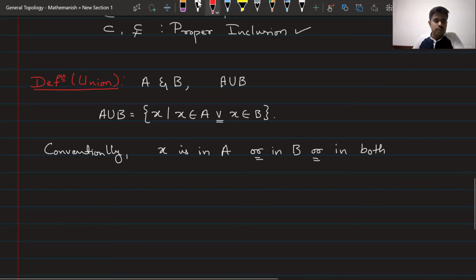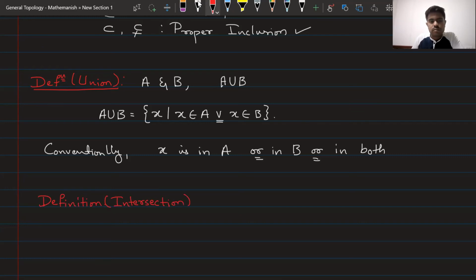The next definition is intersection. Similarly, let A and B be two sets, and the intersection of A and B is denoted by this.